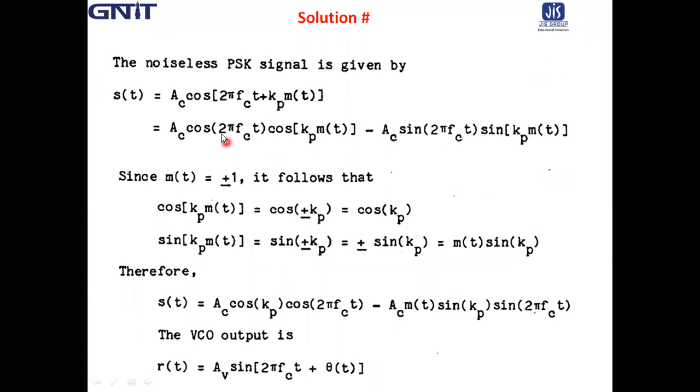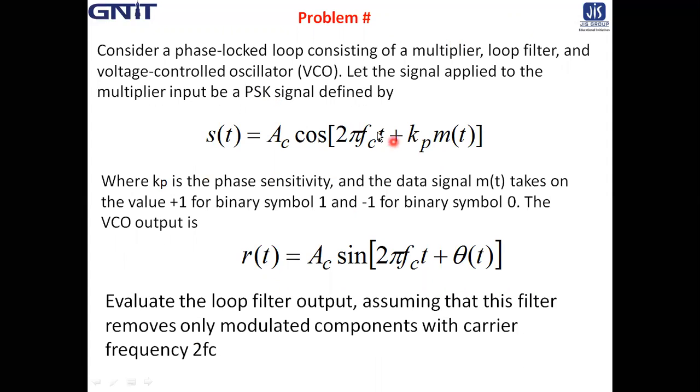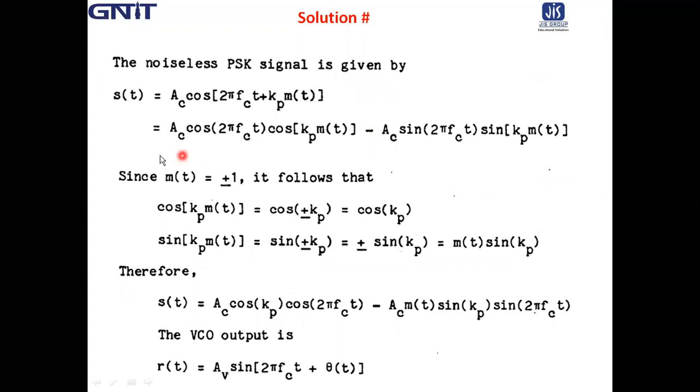So the noiseless PSK signal is given by ST equal to AC cos of 2 pi FCT plus KP into MT. Just using the trigonometry formula, cos of A plus B is cos A cos B minus sin A sin B. Now you know that since MT equals plus minus 1, it follows that cos of Kp into MT equals cos of plus minus Kp.